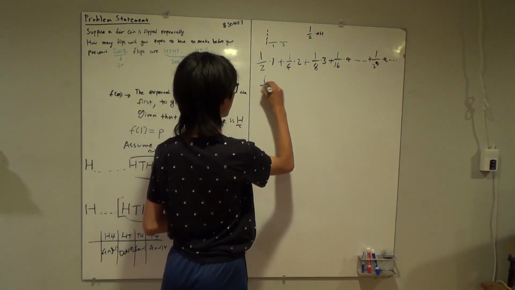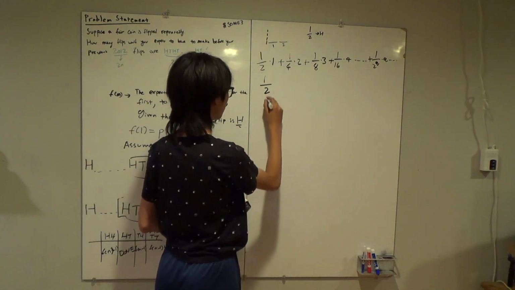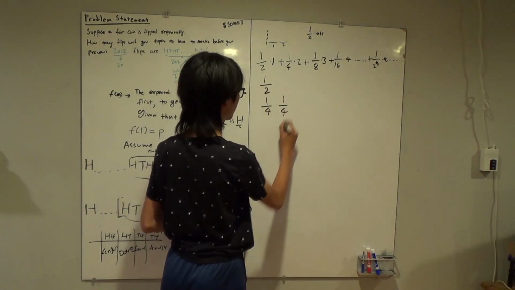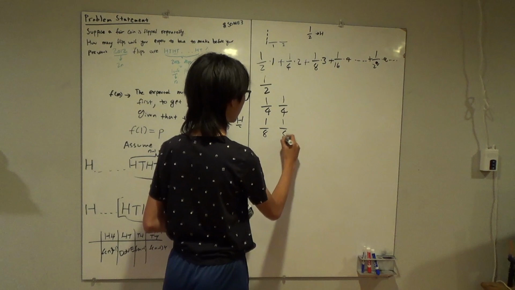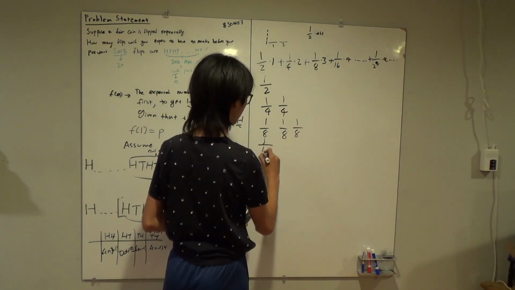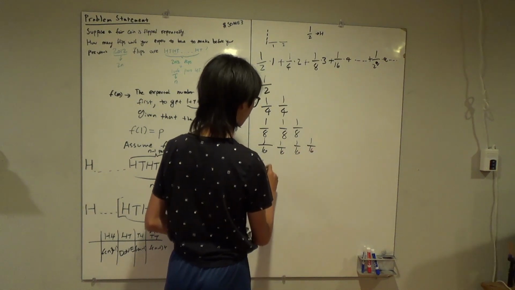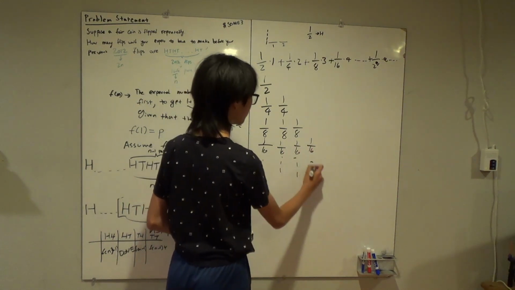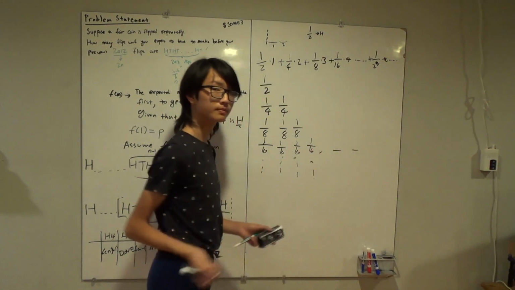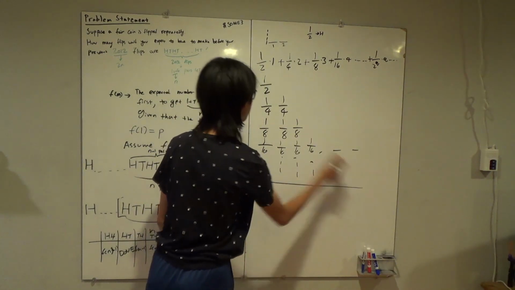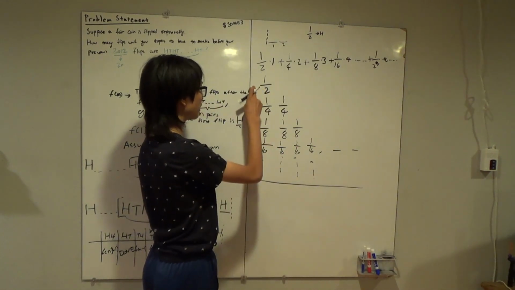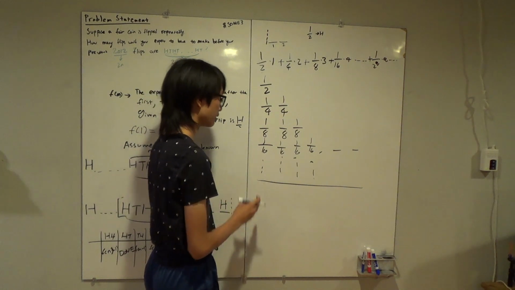So we'll start off by writing 1/2 here. Then I'll write the 2 1/4 beneath it, the 3 1/8 beneath it, and the 4 1/16 beneath it. And we just keep going in every column, and there's an infinite number of columns. Let's look at this first column here. We're summing 1/2 plus 1/4 plus 1/8 plus 1/16.